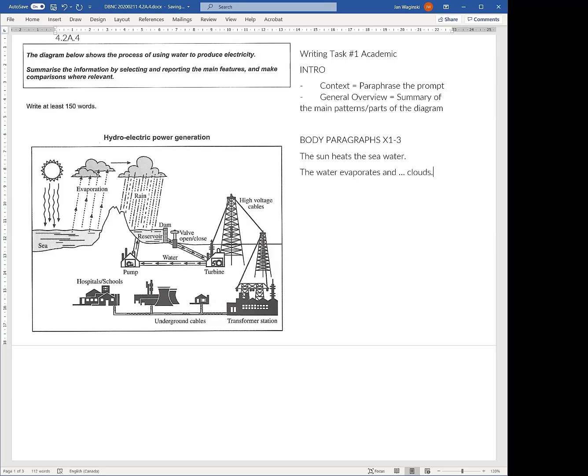Evaporates maybe to the clouds. You need a different verb. It's a very simple verb, but the water that's evaporating... Okay. And make the clouds. Okay. Made. Sorry, we're going to use the word forms.